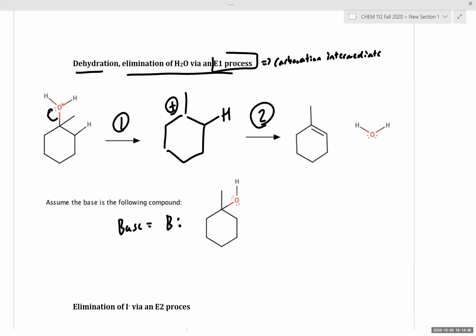Would anyone like to propose the second step for this mechanism? The student contributions were great for the first step. Let's try to finish off this mechanism by drawing the arrow pushing mechanism for this second step.